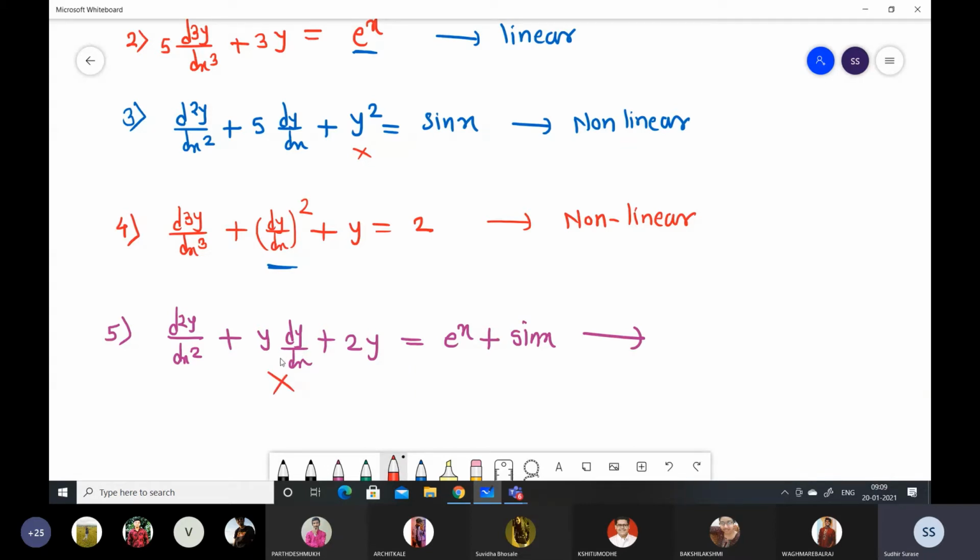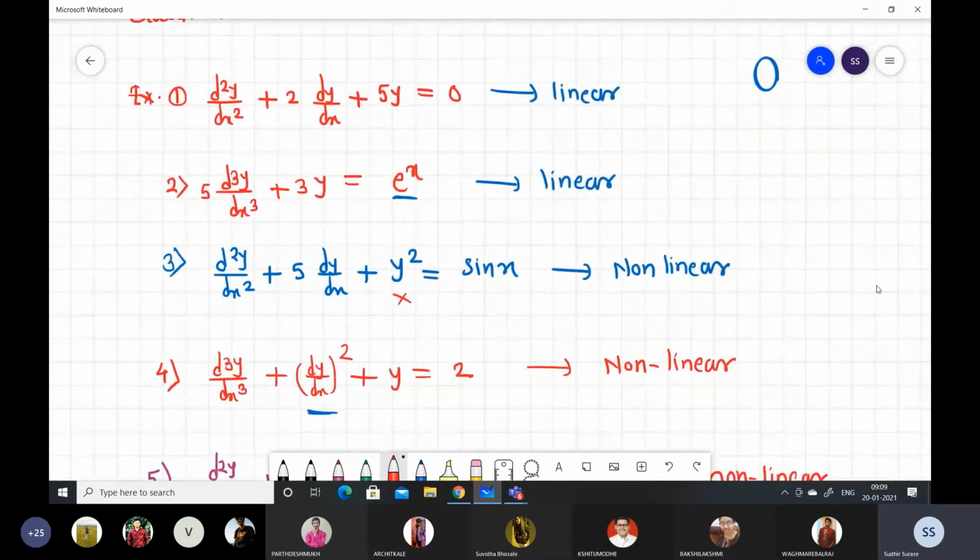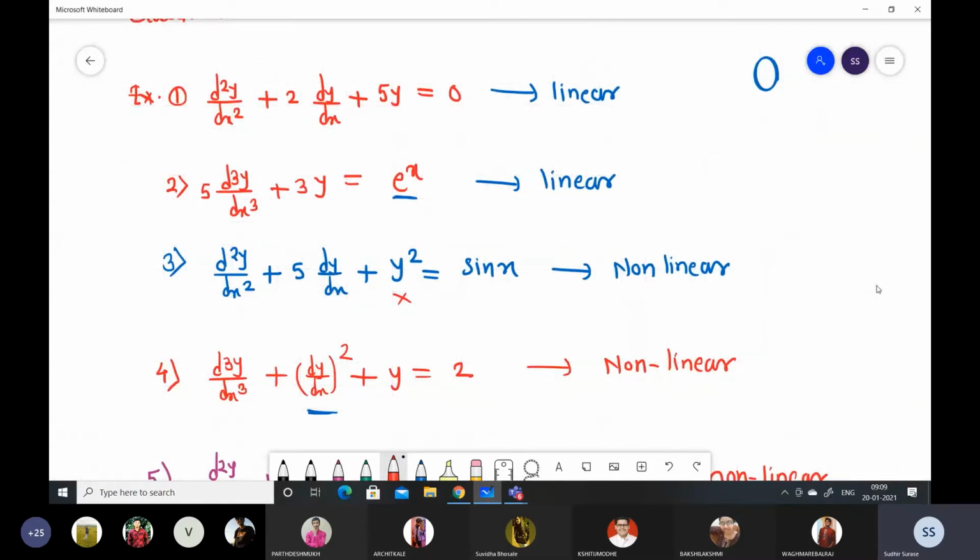This is also not allowed, right? So this is also non-linear. Now you came to know what is the difference between linear and non-linear differential equation with constant coefficients. So by looking at first two examples, we can understand all coefficients are constant, and right hand side can be function of variable x or can be 0, right?